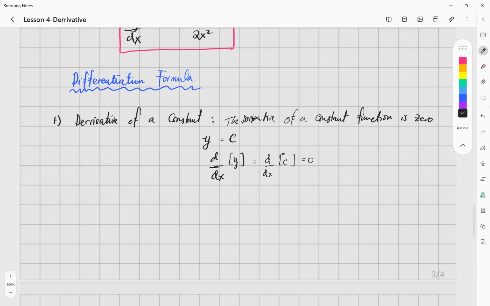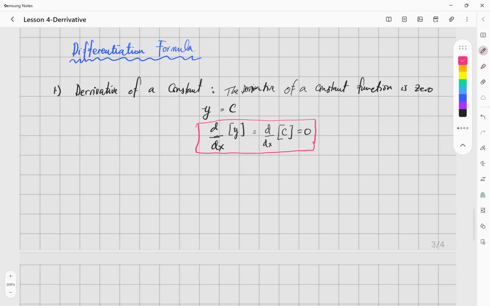This is property one. Every time you take the derivative of a constant, the result will always be 0. That's number 1.